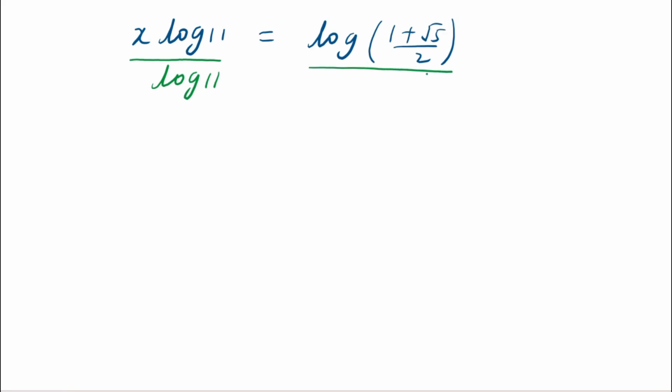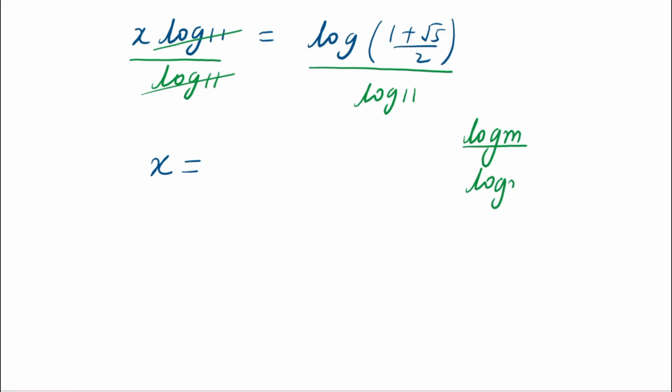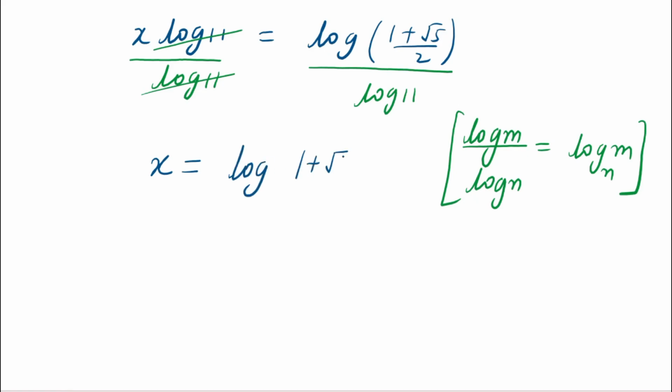On the left hand side, this log 11 and this log 11 cancel out. On the left hand side we have x =, and look carefully at the right hand side, here we will apply the log property, log m over log n is equal to log m with base n. According to this rule, we can write the right hand side as log of (1 + √5)/2 with base 11. This is our final answer.